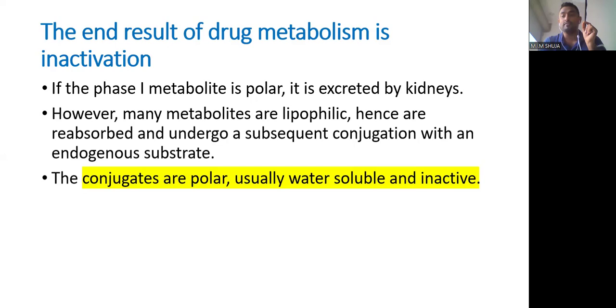We have studied that in the last lecture. So if it is still lipophilic, you need to conjugate it with an endogenous substance and make it water soluble. Once you conjugate, they become polar, inactive, and water soluble. So it is easy to excrete.